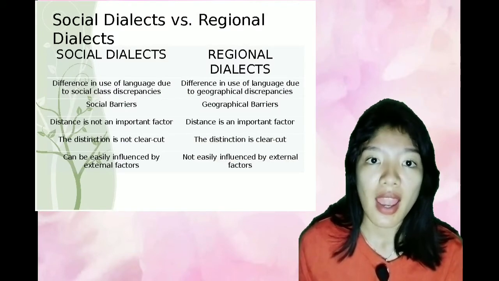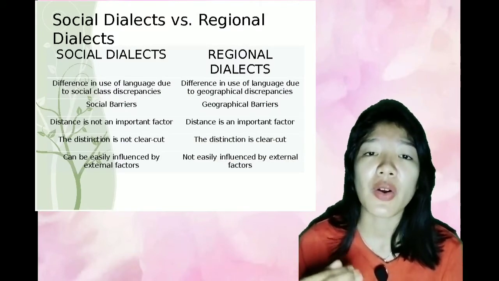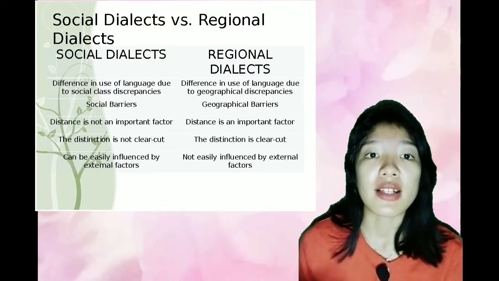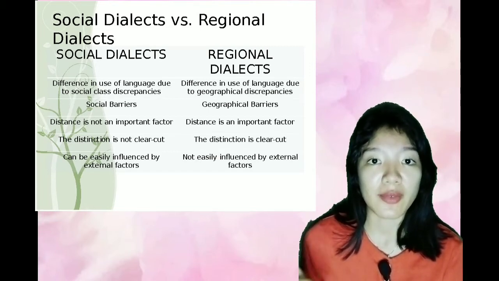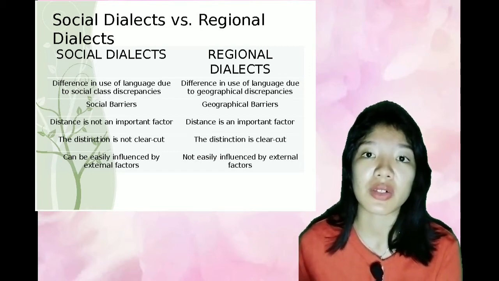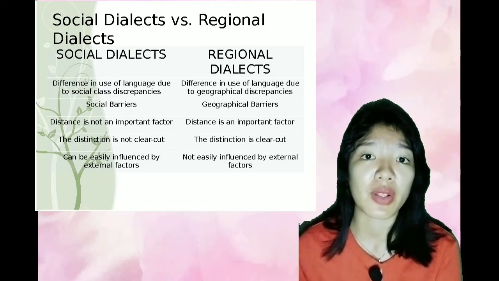Now, what is the difference between social and regional dialect? The difference is the use of language due to social class space versus geographical space. In social dialect, distance is not an important factor, but in geography it is an important factor.